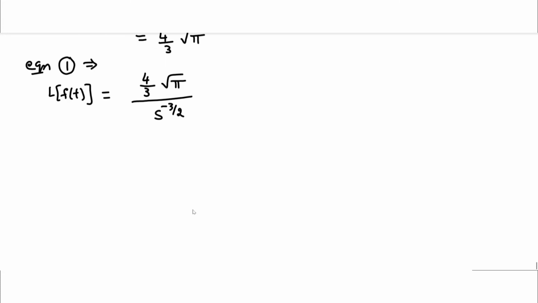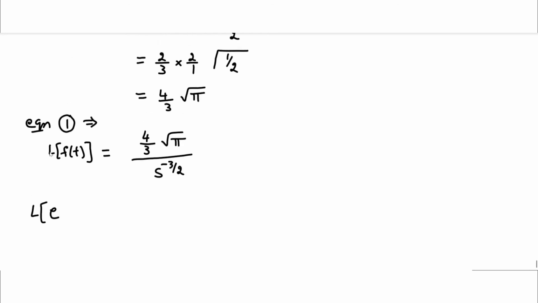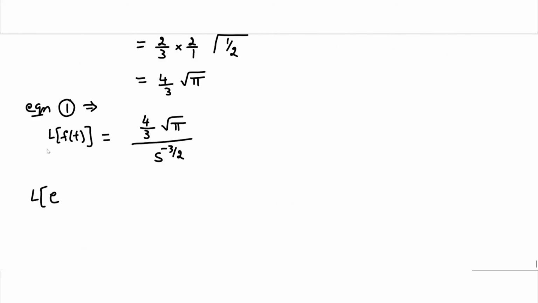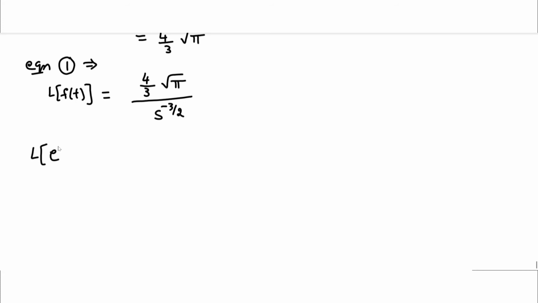That is equation number 1. Now I have to include that e power. So Laplace transform of e power of, what is the e power value? In the question it is e power of minus 4t into f of t. As you know, L of f of t in the previous step, its value is nothing but f bar of s.